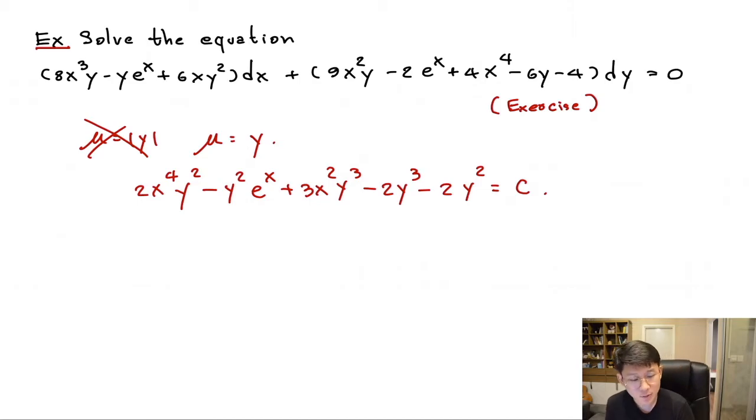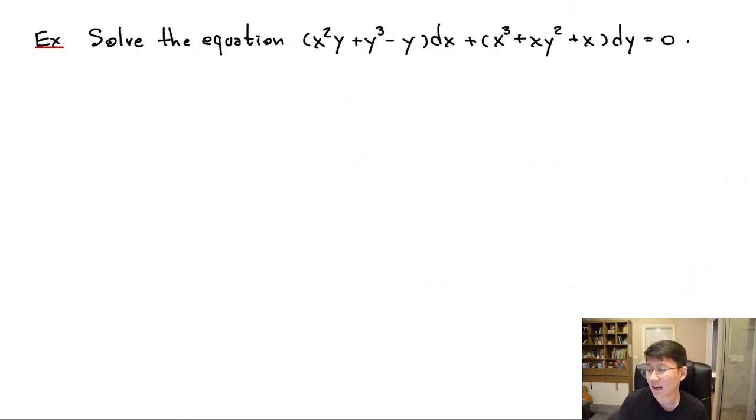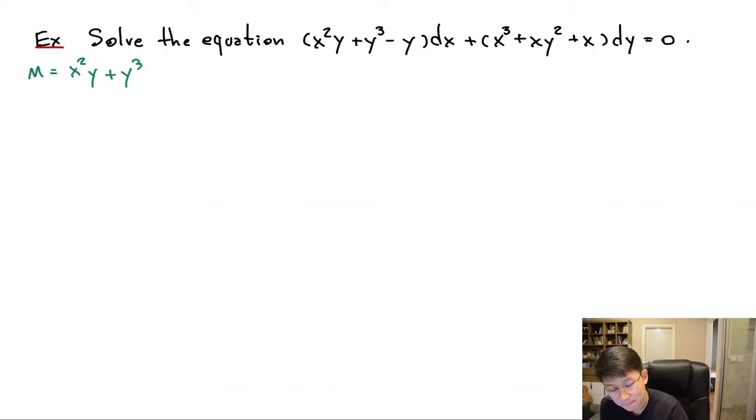Okay, let's look at another question. This one guys. Again guys, it's a repetition, we keep doing the same things over and over. So here M is x squared y plus y cubed minus y.